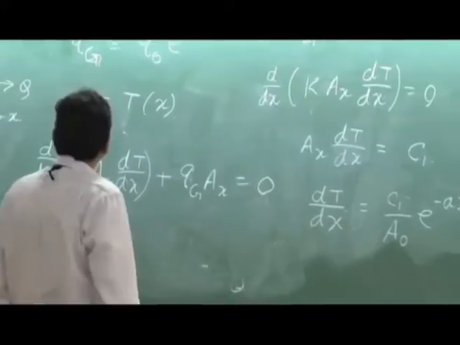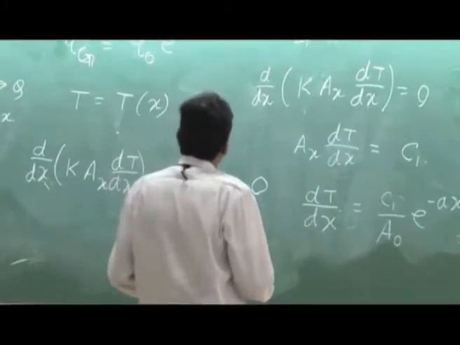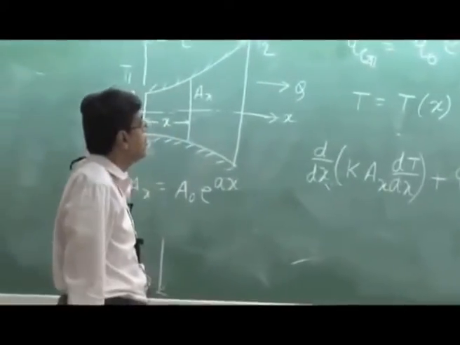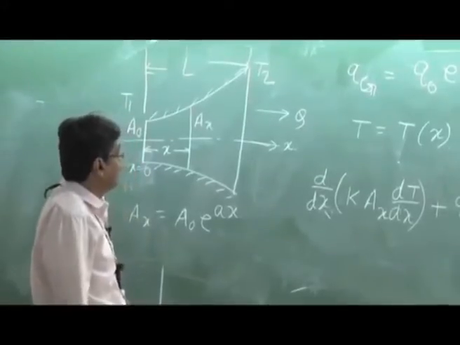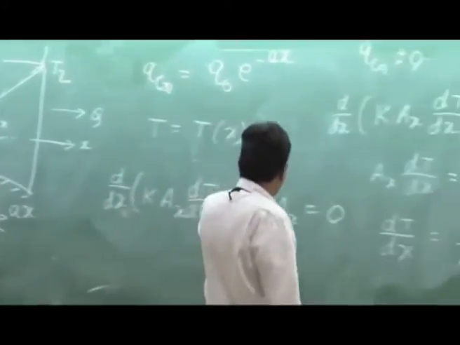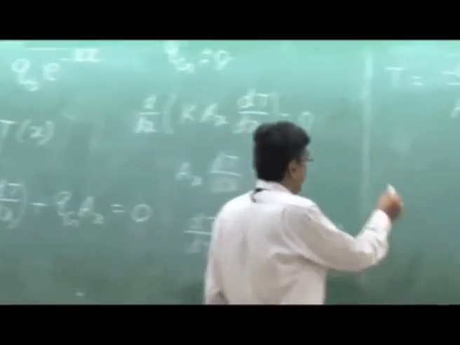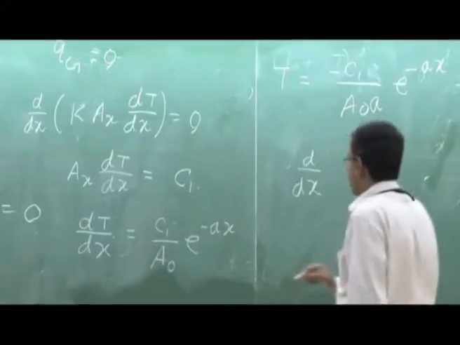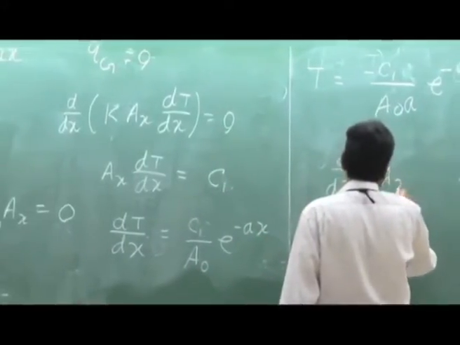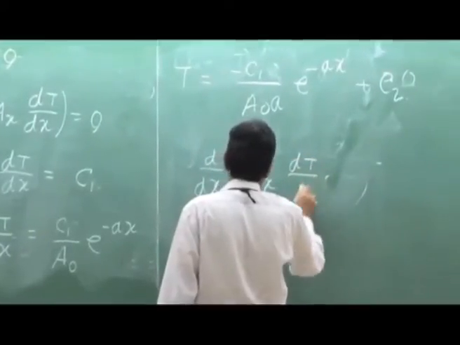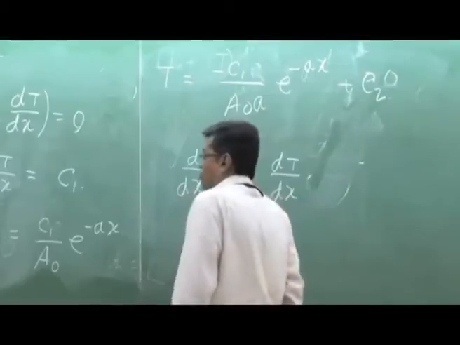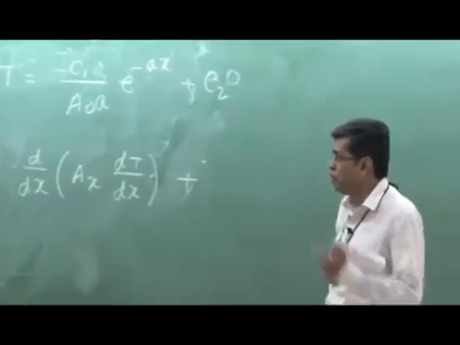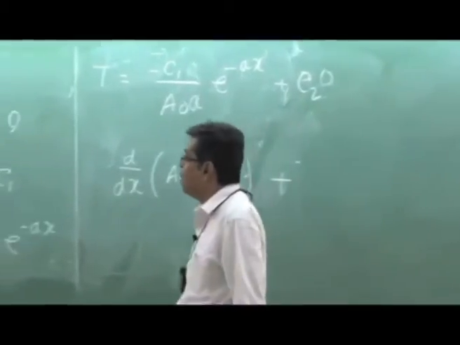Now the next one is the heat generation. What is the heat generation? Q0 e to the power minus Ax. If you take care of this, then you write here: d/dx of the thermal conductivity term, plus Qg into Ax.